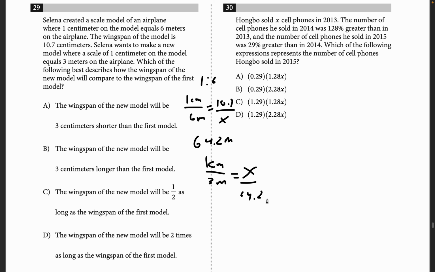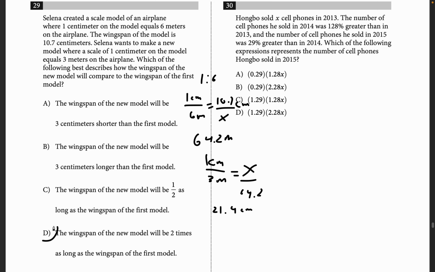Then we do 64.2 divided by 3. That's 21.4. 21.4 centimeters, that's the key thing. So this is 10.7 centimeters. It's asking for the centimeters. So this is double, 2 times. Yep.